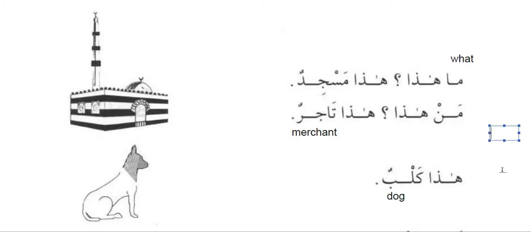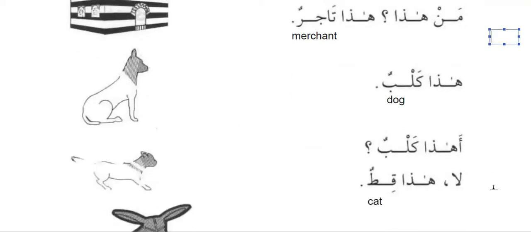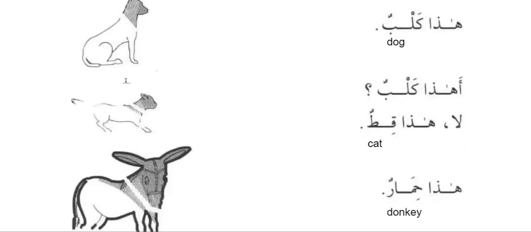This is a merchant or businessman. هذا كلب. This is a dog. Pointing to this picture. أهذا كلب? Is this a dog? The correct response is لا.